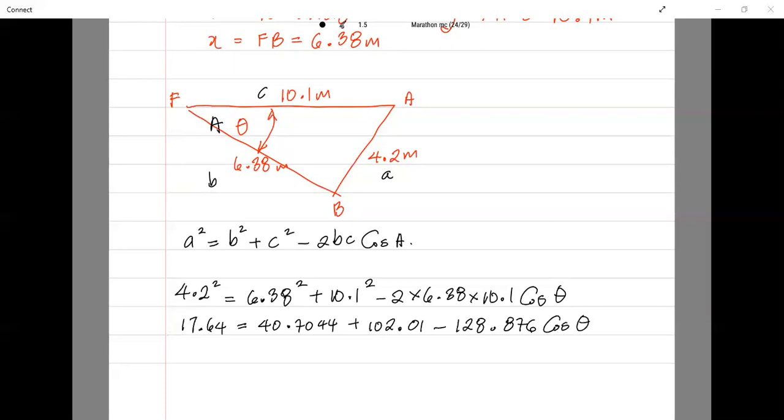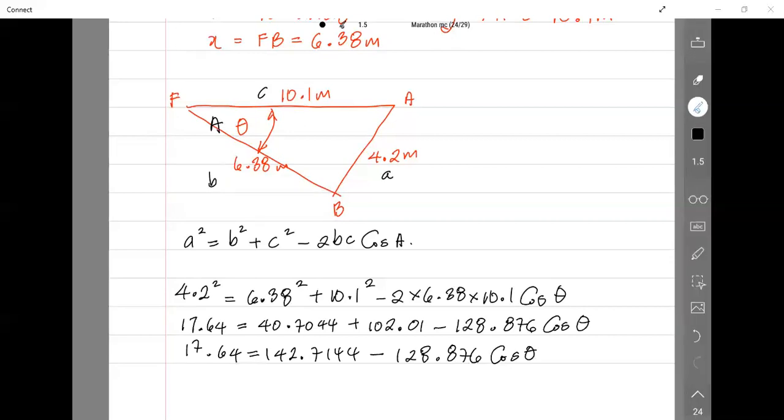So this becomes 17.64 equal to 142.7144 minus 128.876 cosine theta. Let's turn the page to complete the question.